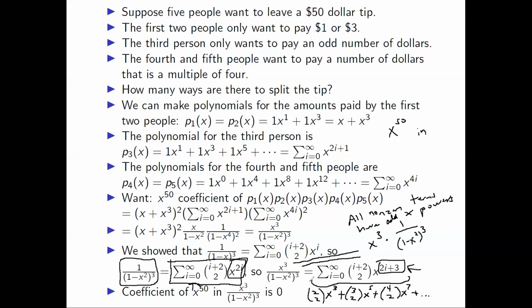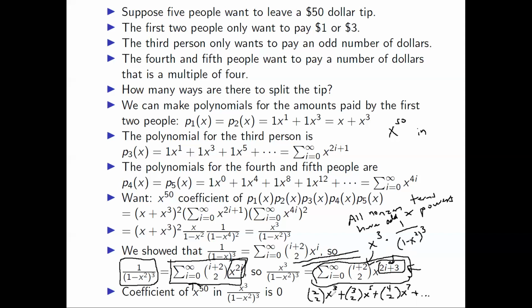So we look at this polynomial right here, we see that the even x powers have coefficients of 0. The odd x powers have coefficients, these binomial coefficients. So the odd x power 2i plus 3 has a coefficient i plus 2 choose 2.